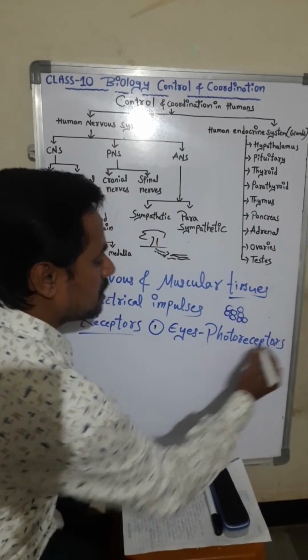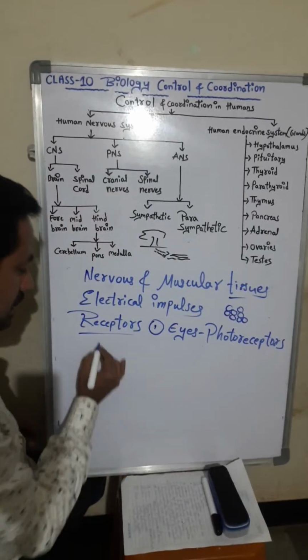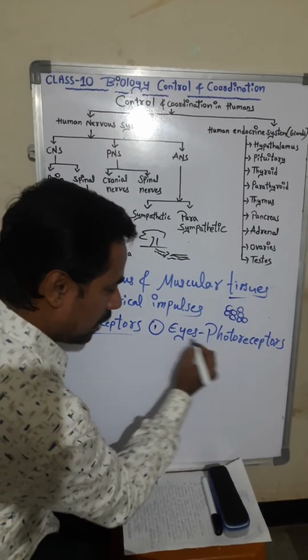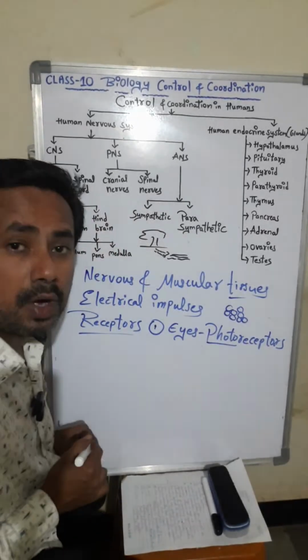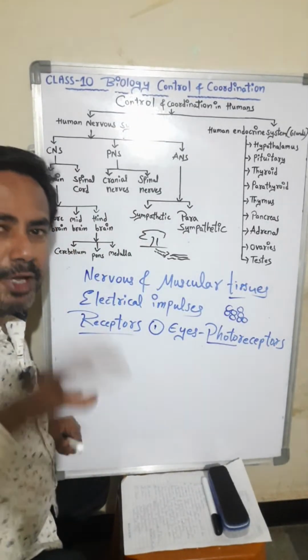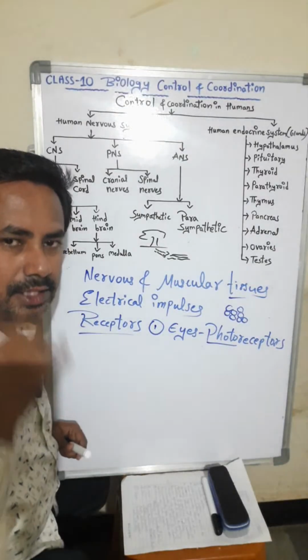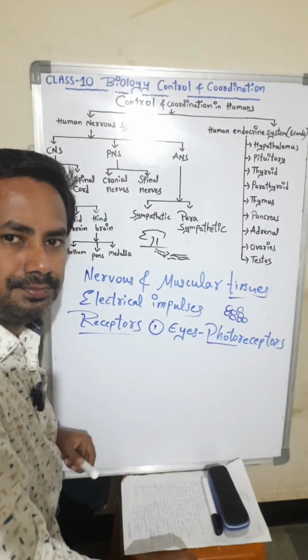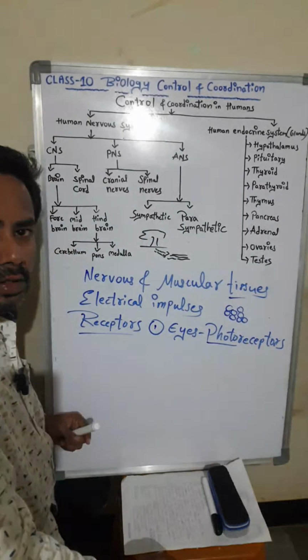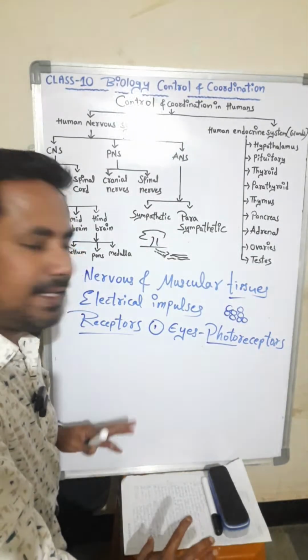Which receptors? Photoreceptors. Photo means what? Light. Because of light, you are able to see everything. Without light, we can't see anything.